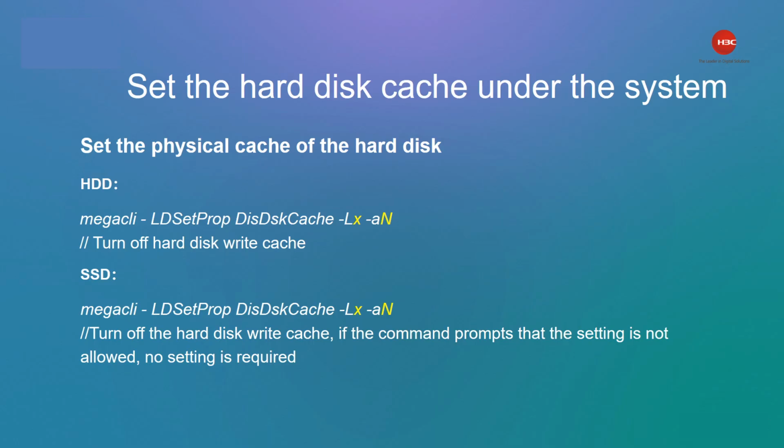For HDD or SSD, the commands are consistent, but it should be noted that when setting the physical cache of the SSD, because SSDs do not have physical cache, the command may prompt that the setting is not allowed. If this happens, there is no need to set up the physical cache of the SSD.